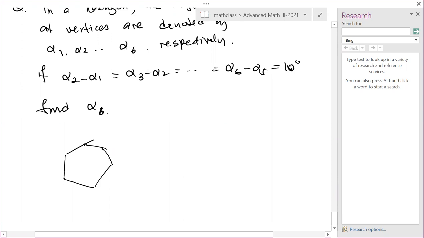The angles greatly increase. So you begin with the first angle, and every time you get 10 degrees more, 10 degrees more. So you've got the idea already, right?